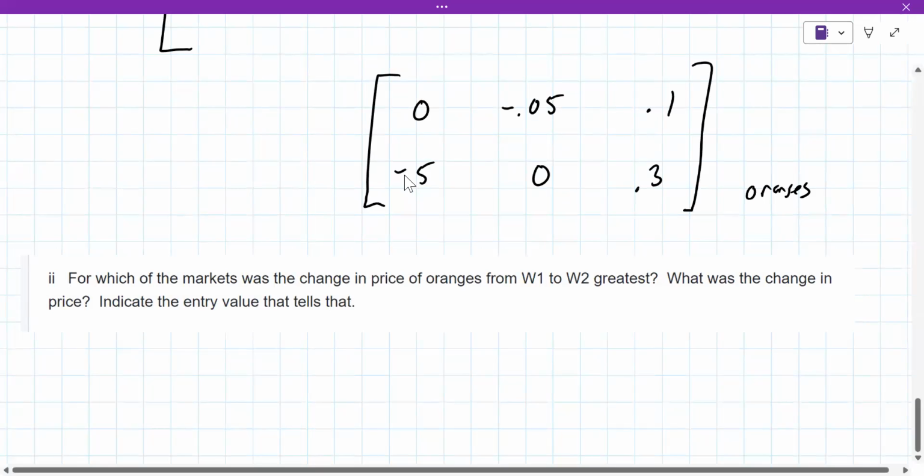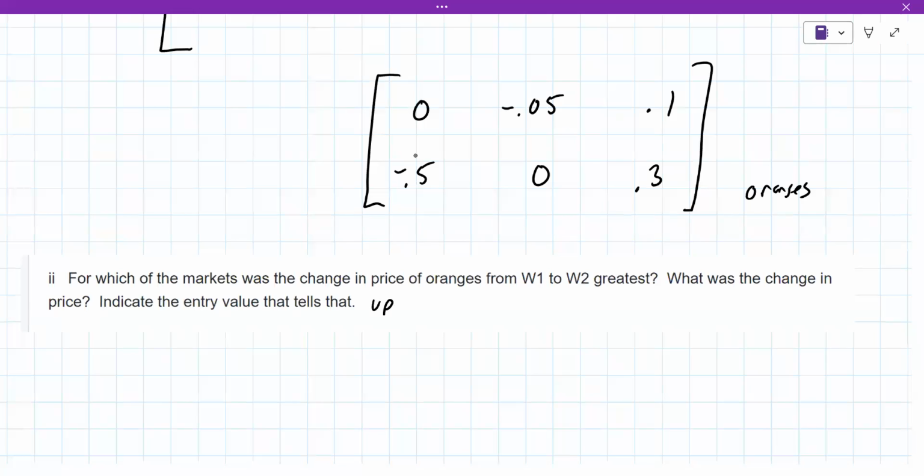We're looking at these three numbers, and you're trying to decide which had the biggest change. The biggest change was in market one, even though it's negative, since change could be up or down. It's that minus 0.5, which is in market one. Market one is the first column.